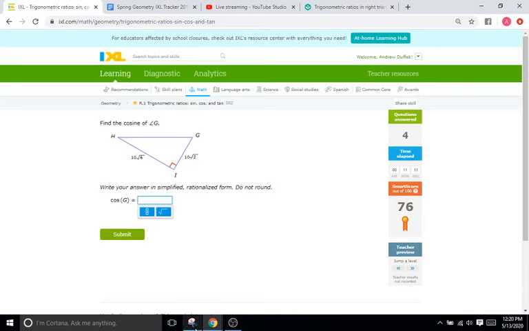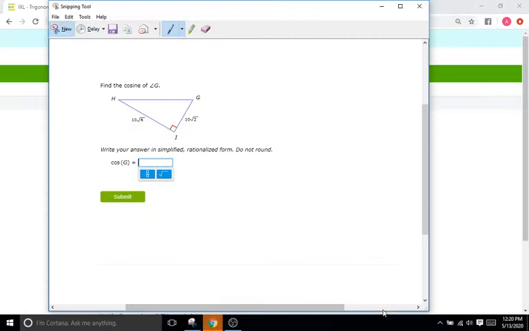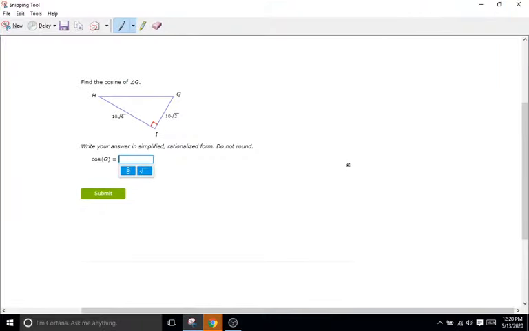Okay. Well, for this one, it's going to ask you to do an extra step, essentially, because they don't give you all of your sides. So we'll do this one. Okay, so first we know that SOH-CAH-TOA says cosine of x equals the adjacent over the hypotenuse.